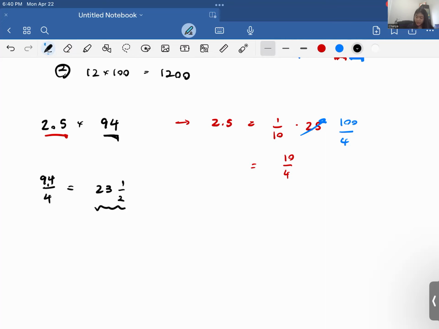So now we're going to multiply this number by 10. So 23 and 1/2 times 10. I'm going to start with the whole number part. So 23 times 10, which is 230, plus 1/2 times 10, which is 5, right?